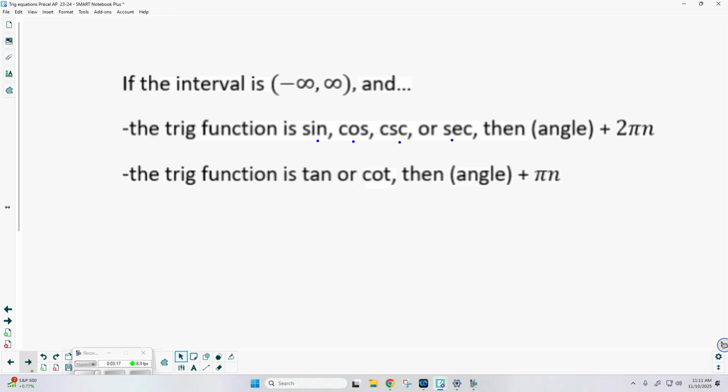If you're solving for sine, cosine, cosecant, or secant, you're going to take your angle answers and add 2 pi n. Okay. If you're solving an equation that contains tangent or cotangent, then your answer will have plus pi n following that. And of course, you always want to say n belongs to the set of integers. You want to identify your variable. Okay. So any questions about why we do that?